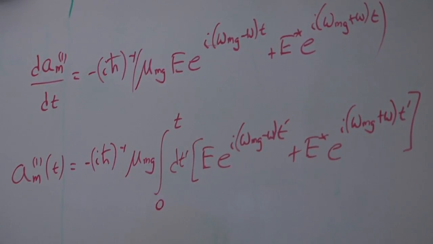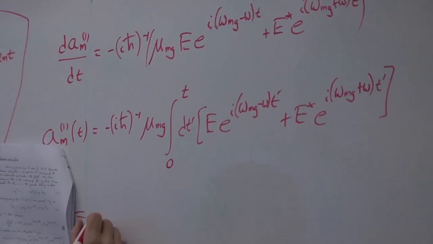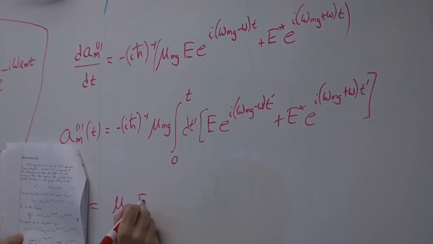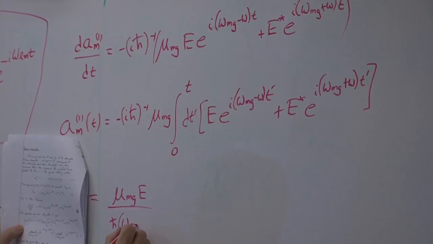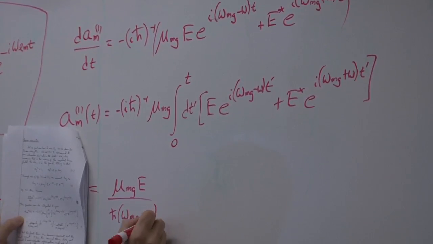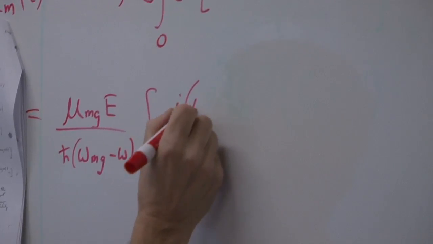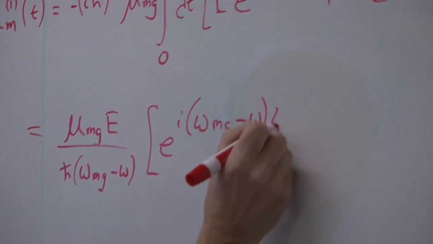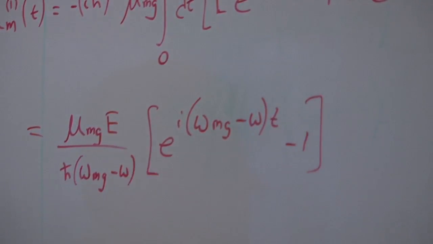And this is an elementary integral. So the first term is mu_mg e over h bar (omega_mg minus omega) times e to the i (omega_mg minus omega) t minus 1, the 1 from the initial condition, of course.